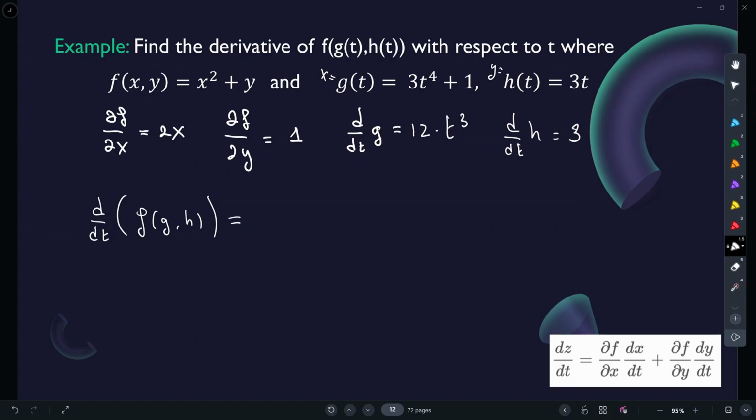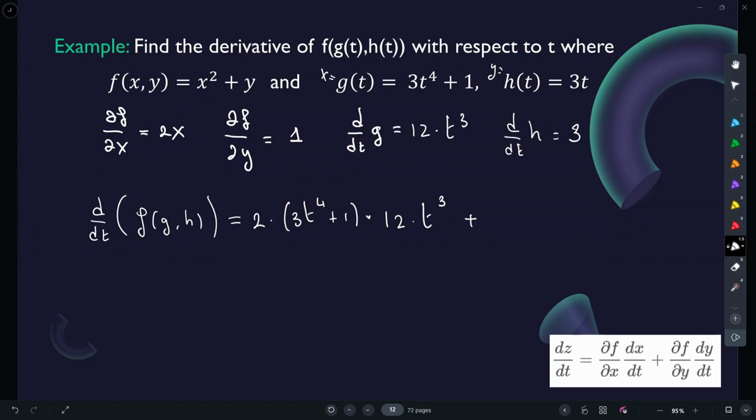So I have to take the derivative, 2x, and evaluate it at the inside, so at g and h. In this case, x is g, so times 3t to the 4 plus 1 times the derivative of g with respect to t, so times 12 times t cubed, plus.